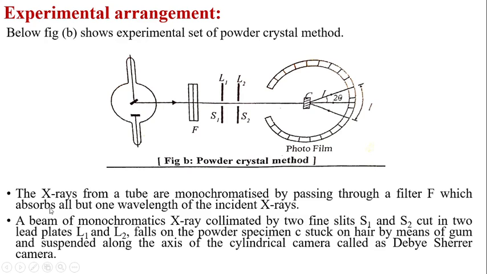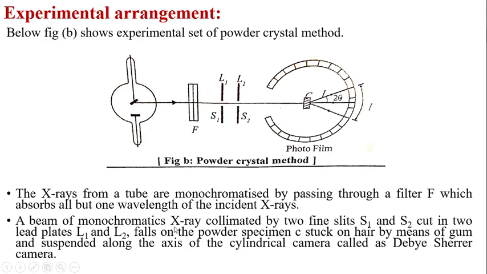Now the X-rays from a tube are monochromatized by passing through a filter F, which absorbs all but one wavelength of the incident X-rays.